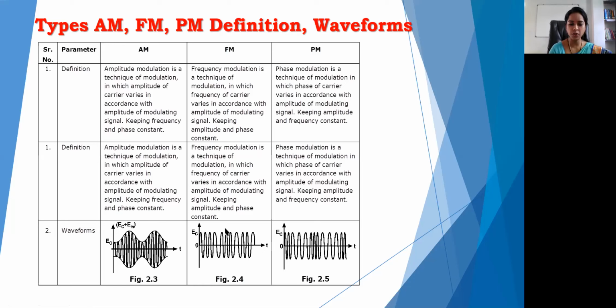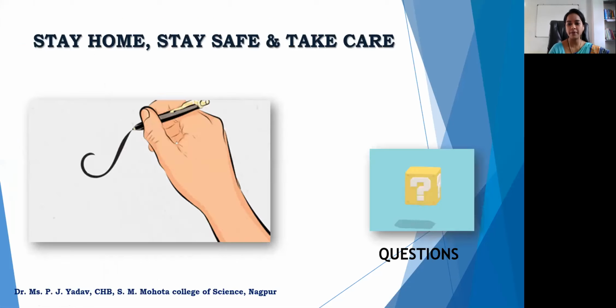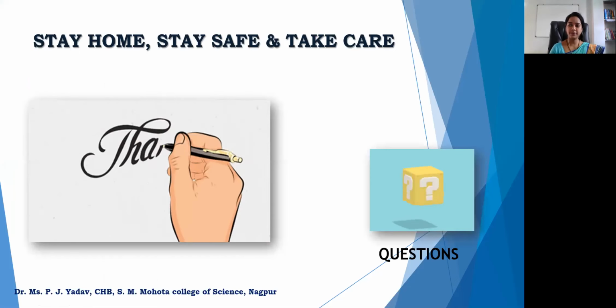In frequency modulation, the frequency is being modulated. In phase modulation, the phase is being modulated. All these modulation techniques we are going to see in detail one by one in our successive classes.